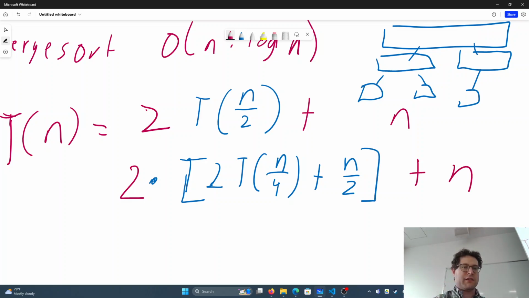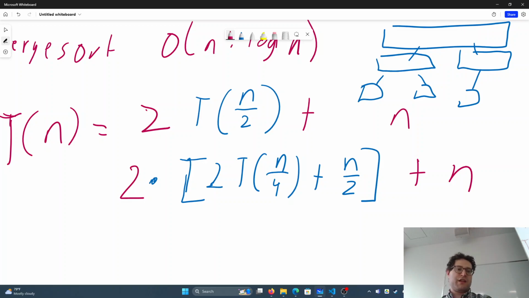So all I've done is taken this one and I've applied the recurrence formula inside my own formula. See how we had a problem of n over 2, so that can be split into two n over 4 operations, right? And then to combine an n over 2 operation, you have to do n over 2 time to merge them, right?